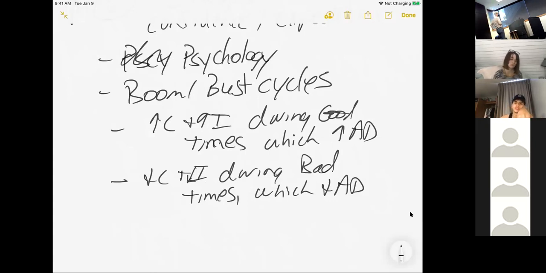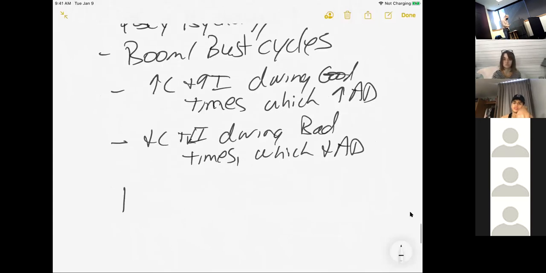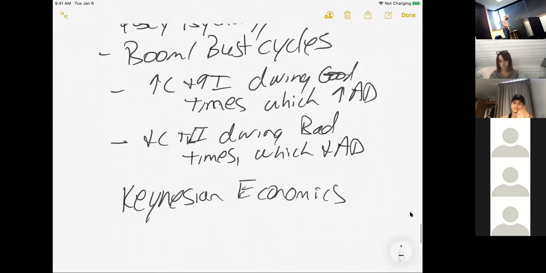This is going to be a very important part of Keynesian economics, which we're going to talk about today and tomorrow. Keynes believed that a lot of the reason why we have recessions is simply psychology. That the future is not only unknown, it's unknowable.